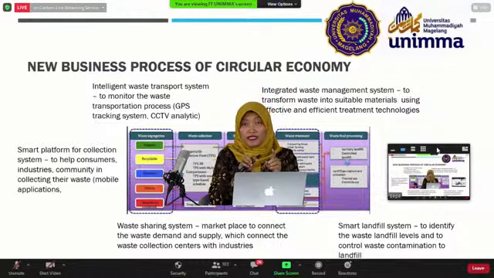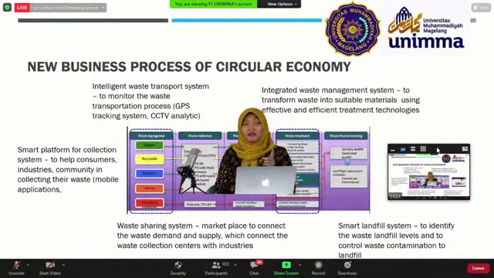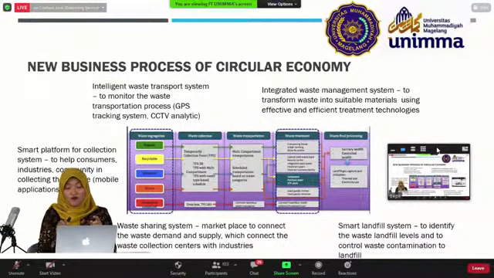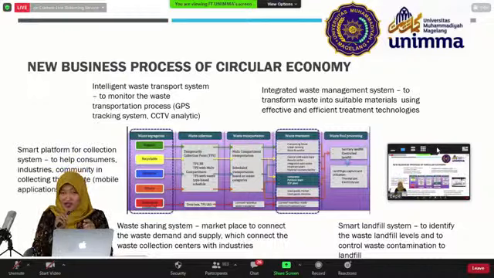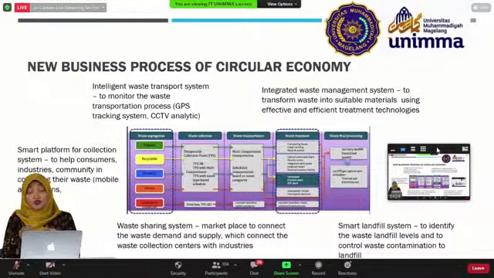So this is actually innovation, which I try to propose. So first is smart platform for collection system. So this platform can help consumer, industry, community collecting their waste using mobile application. So there are a lot of apps which can be used as collection system, and nowadays people just download it and then they can be collection people. This is very easy.